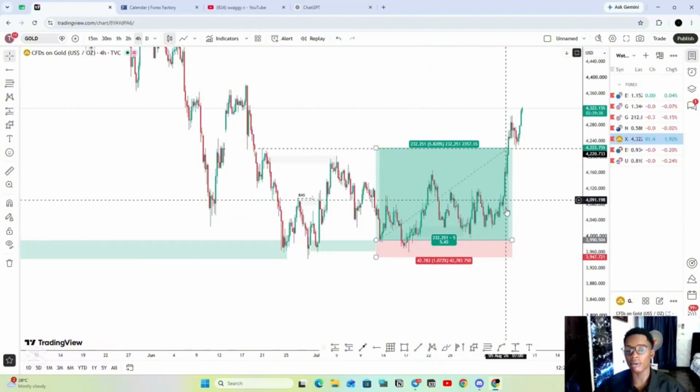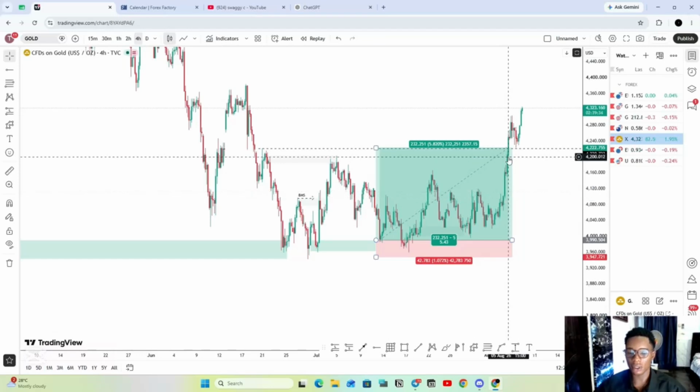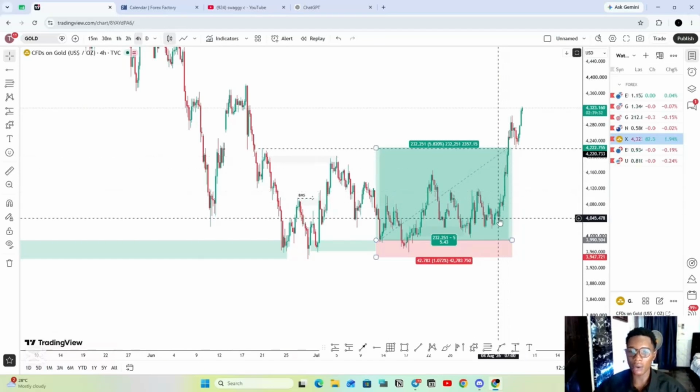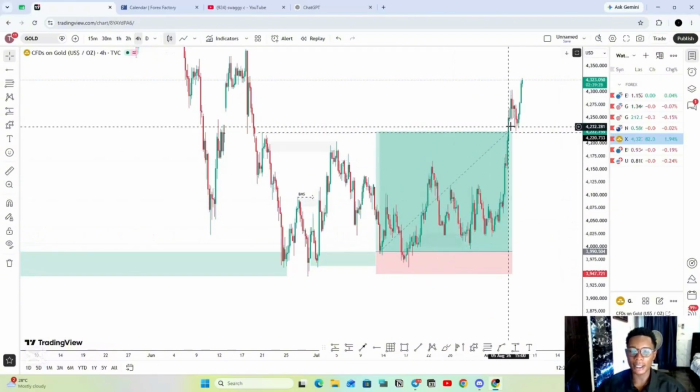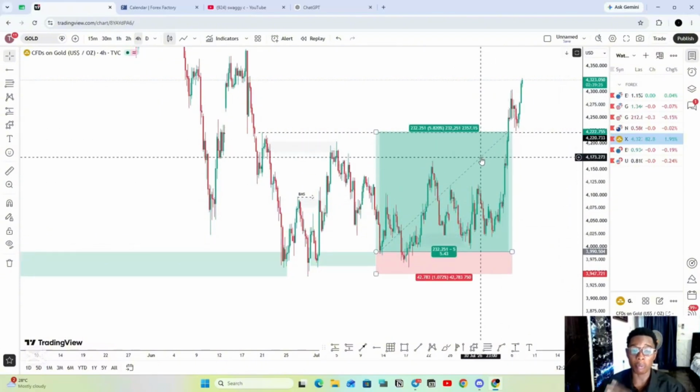This was the day before yesterday, I think on the 5th of August. That was when we had this rally to the upside that got my TP hit. So we were able to bank a 1 to 5 RR on this trade.